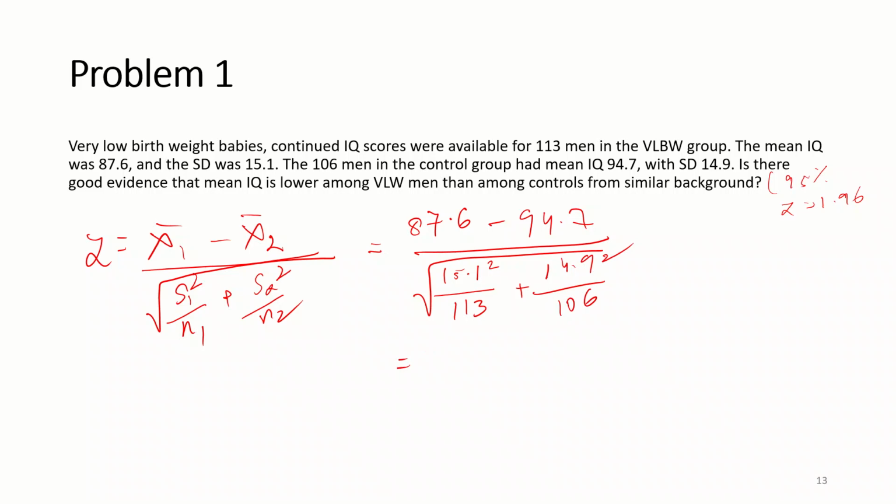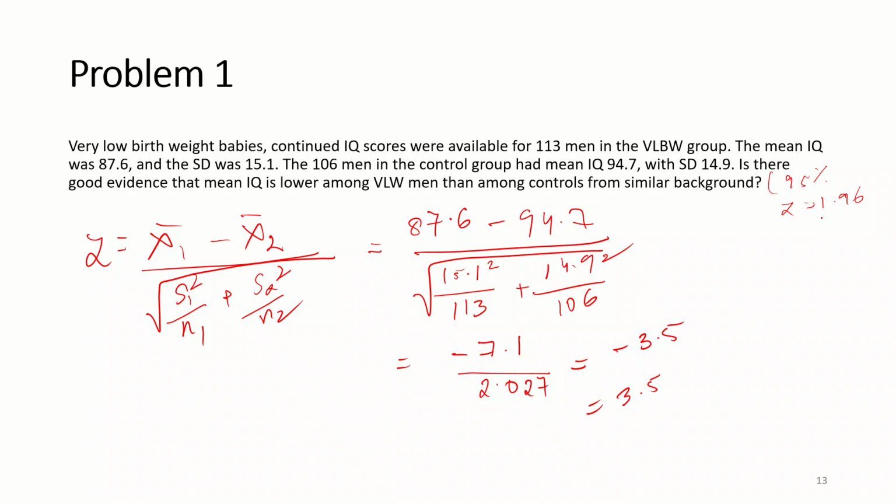So it will come as minus 7.1 over 2.027, which is minus 3.4. It doesn't matter anyway, it is a modulus.